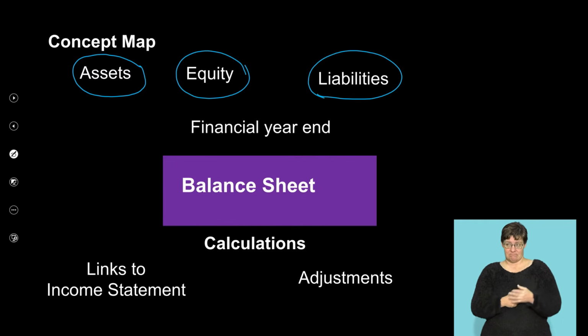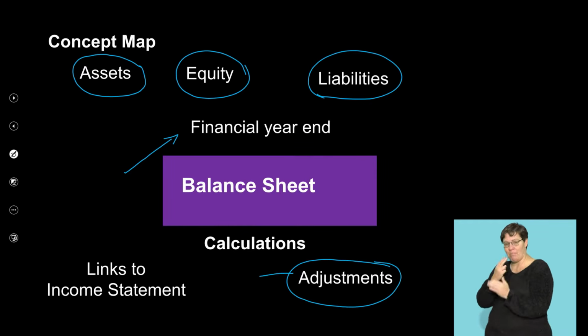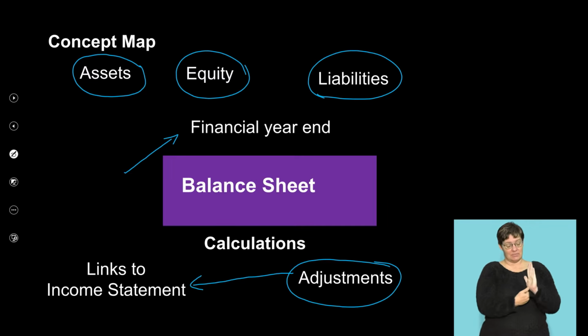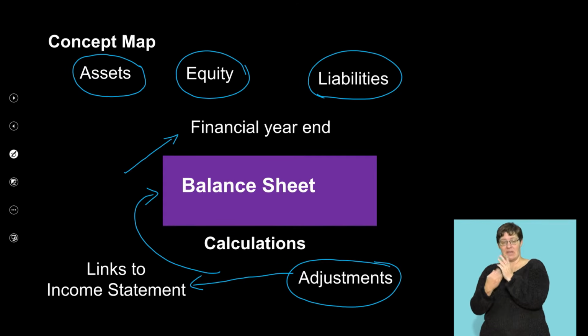This is drawn up at the end of your financial year end. Your adjustments impact both your income statement, also known as your statement of comprehensive income, and your balance sheet, which we call our statement of financial position.